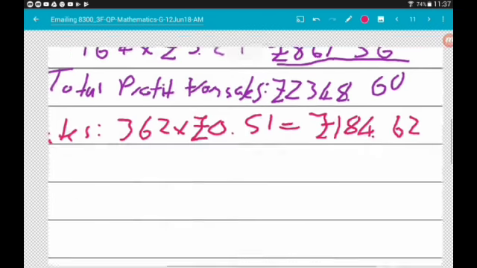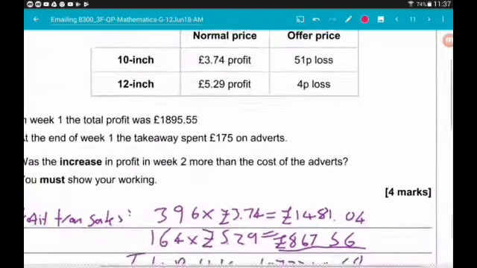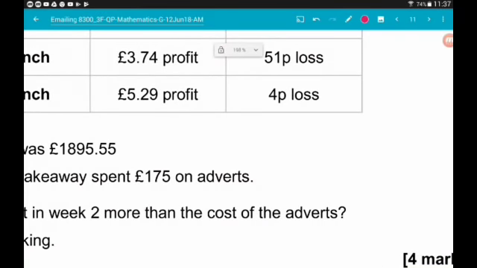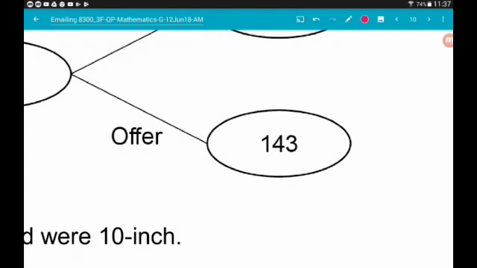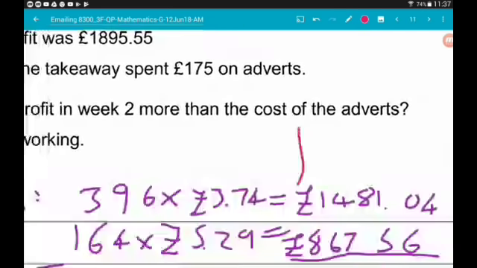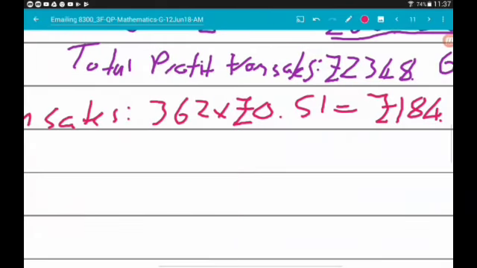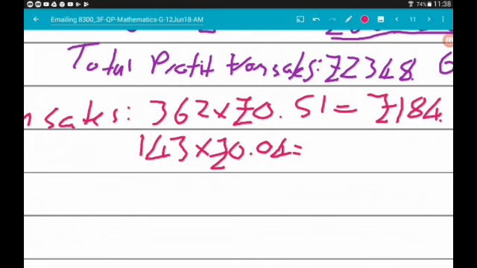And then if we do the same for the 12-inch pizzas, so we make a 4p loss, and we sold 143. So we're going to do 143 times 0.04 pounds, and that is going to give us £5.72p.